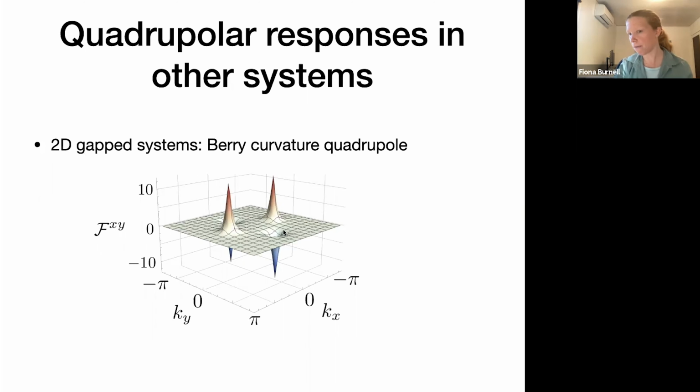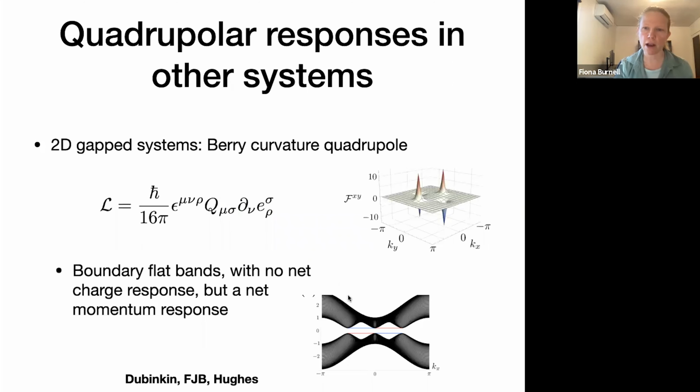And similarly to what we talked about in 3D, in two dimensions you can actually get a Berry curvature quadrupole, and that has a different kind of response action, which also involves surface flat bands with no net charge response, but a momentum response. So I'll just flash these up here quickly, since I'm out of time, as something interesting where you can extend this quadrupolar theory and talk about systems in two dimensions as well.